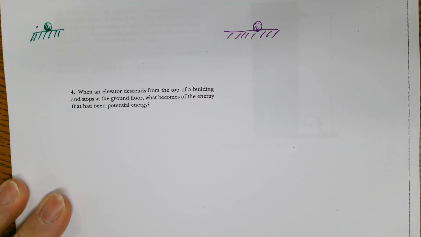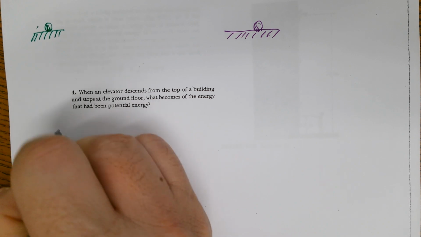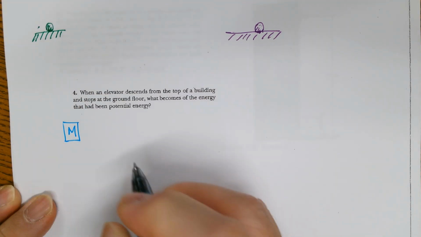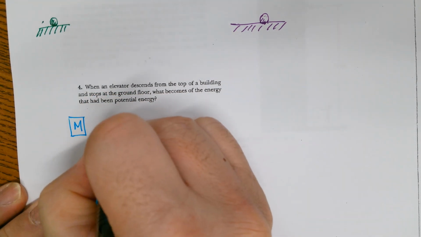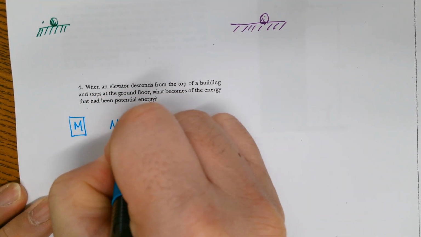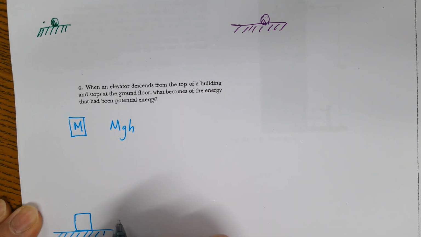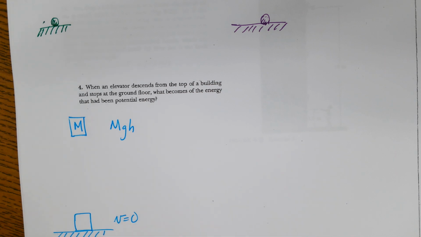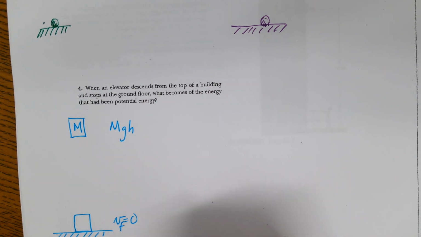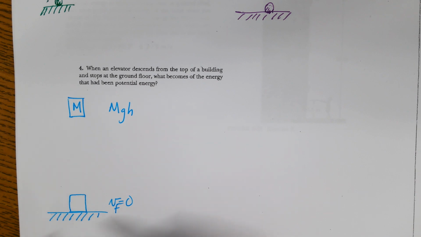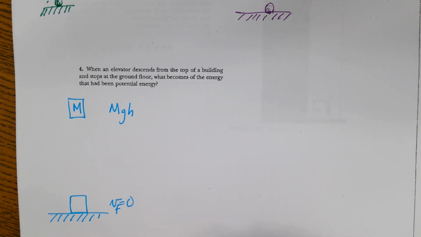So here we have the mass of the elevator, so we have mgh, and as it comes down to the ground floor, your v is equal to 0. There's no kinetic energy, there's no potential energy. So what happened to it, right?